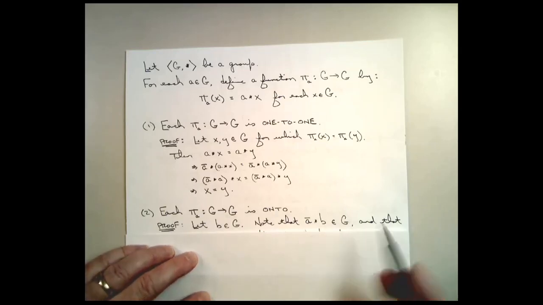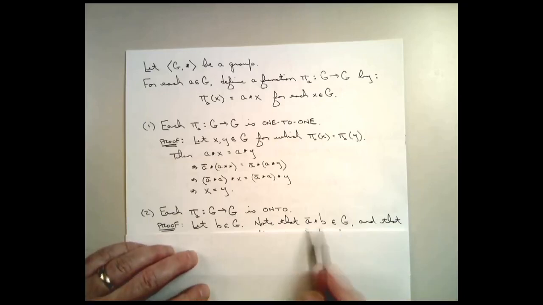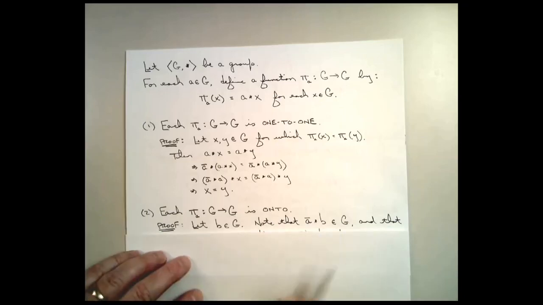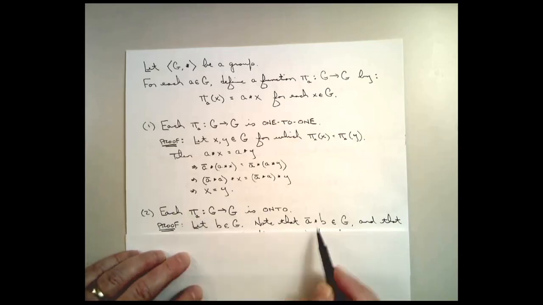So what? Well, if I apply pi sub A to that element, what am I going to get, right? What's pi sub A of A inverse B going to be?